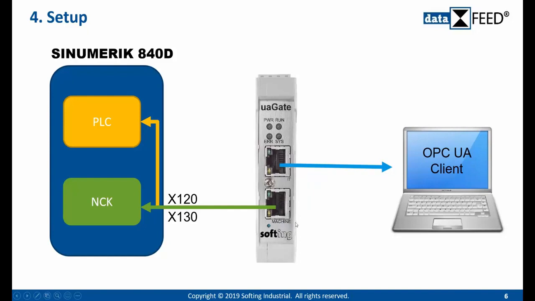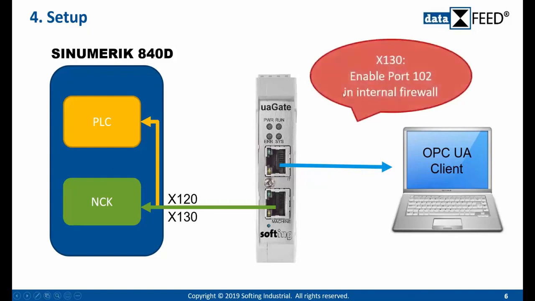The lower interface, the machine interface, is used to connect to the SINUMERIK, and you can use the X120 or X130 to collect data. But please keep in mind, if you are using the X130, you need to enable the port in the internal firewall, port number 102.